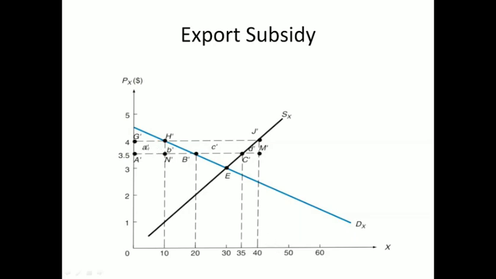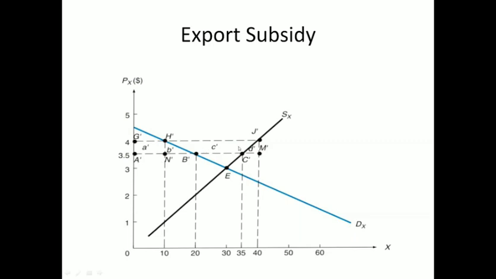Now, as a result of this, their producer surplus would rise equivalent to this area, which is the sum of A dash, B dash, and C dash. Now, in this case, what is happening? You see, the sum of the consumers' loss, A dash plus B dash, would be lower than A dash plus B dash and C dash, which is the producers' surplus or the producers' gain in this case.